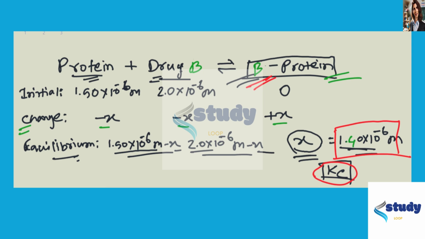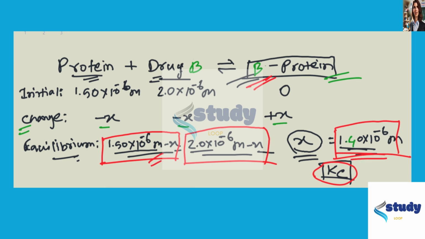So now again in the same way, we will find out the equilibrium concentration for protein and for drug B using this quantity. As we know the value of x, we can easily find this out.